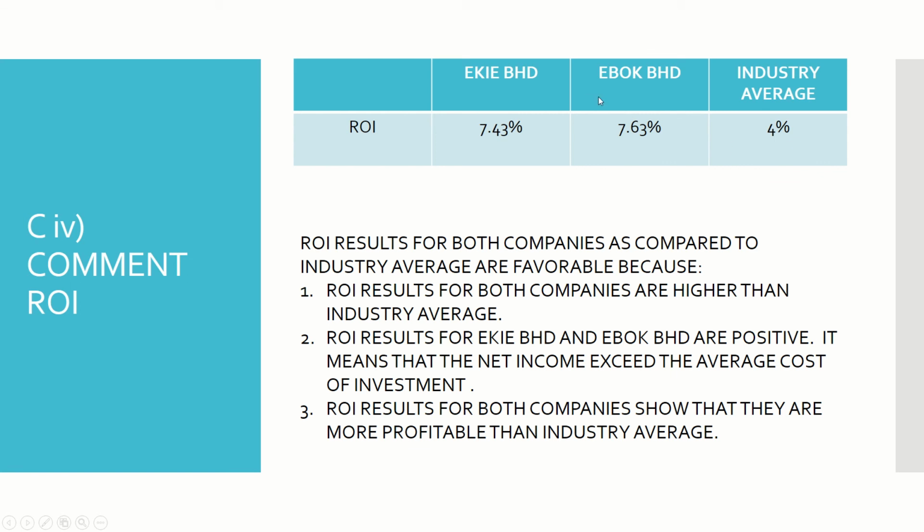So both companies' ROI are greater than industry average or competitor average. Number 2, ROI result for Iki Berhad and Ibu Berhad are positive. It means that the net income exceeds the average cost of investment. Number 3, ROI result for both companies shows that they are more profitable than industry average. So that's all for question 4.